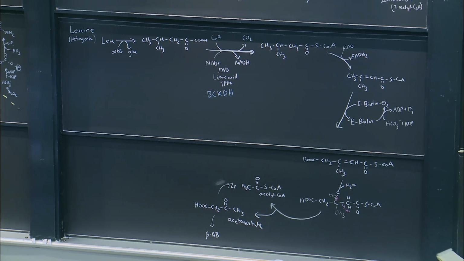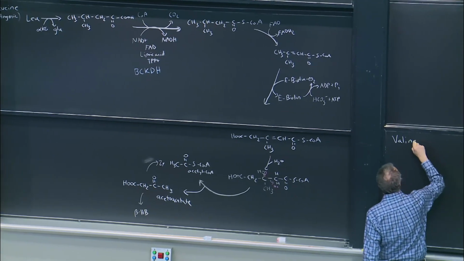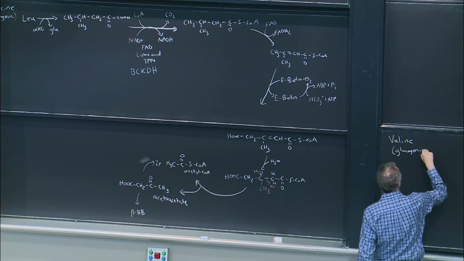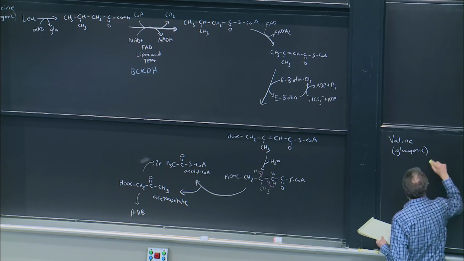So valine is glucogenic, despite the fact that it's very similar to leucine and broken down in a way that's very similar to leucine. So how do we break it down?